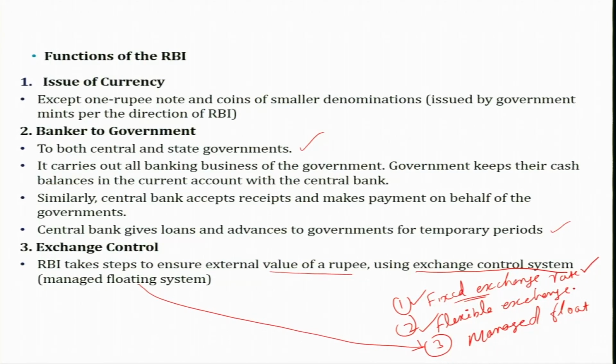In normal times it will be a flexible exchange regime, but if the RBI sees that the home currency value is depreciating and is in danger, then the central bank will intervene in the market by supplying foreign exchange from its reserve. This is called the managed floating system. So sometimes the Reserve Bank of India can do managed floating to ensure that the value of the Indian rupee does not depreciate below a certain threshold. That means it engages in exchange control.